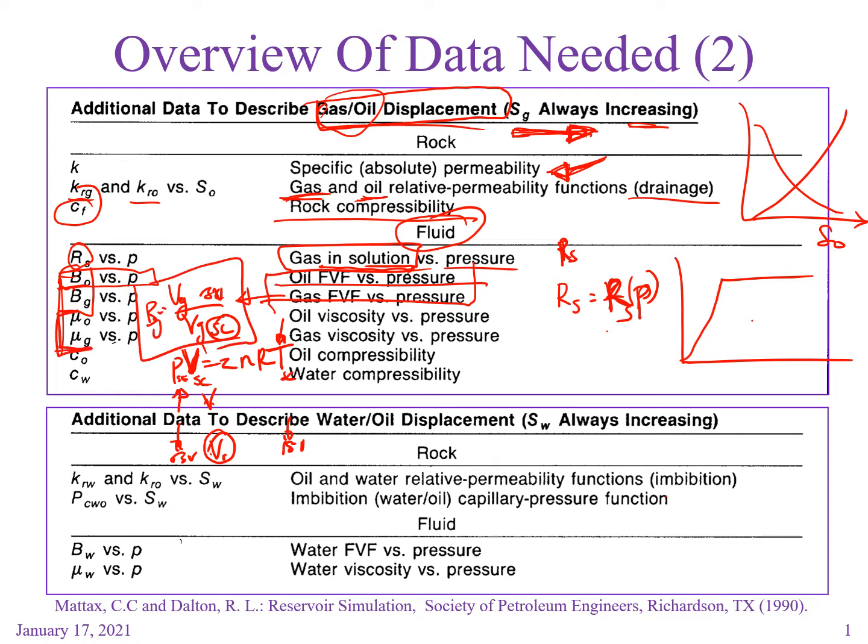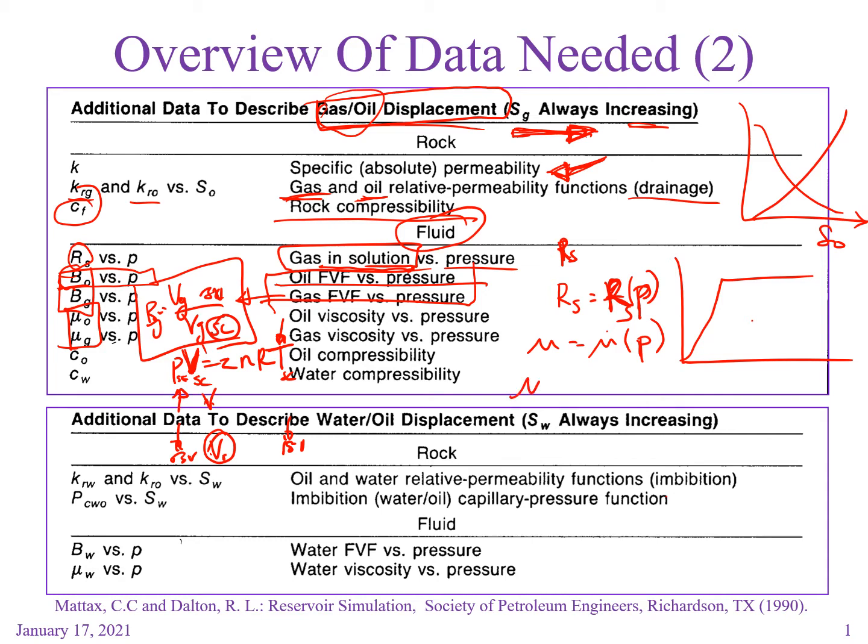Then you need the equation for viscosity as a function of pressure, right? You need it for oil, for gas. The simulator needs it. And guess what? The equation is already programmed into the simulator, but the equation needs some parameters.